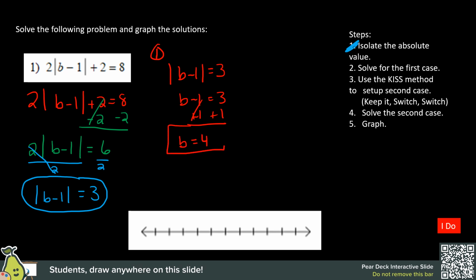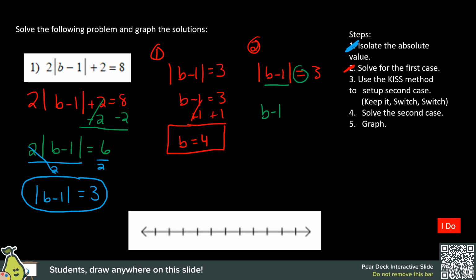And this is one of our answers. Okay. For case 2, this is super important here. For case 2, we start with the same isolated absolute value, the absolute value of b minus 1 equals 3. But we're going to apply the KISS method, where we keep what's inside the absolute value, which is b minus 1.